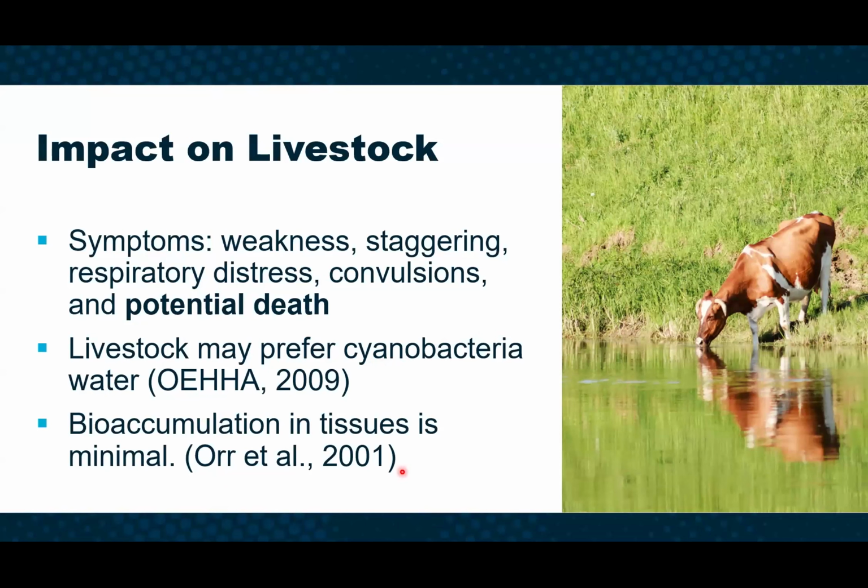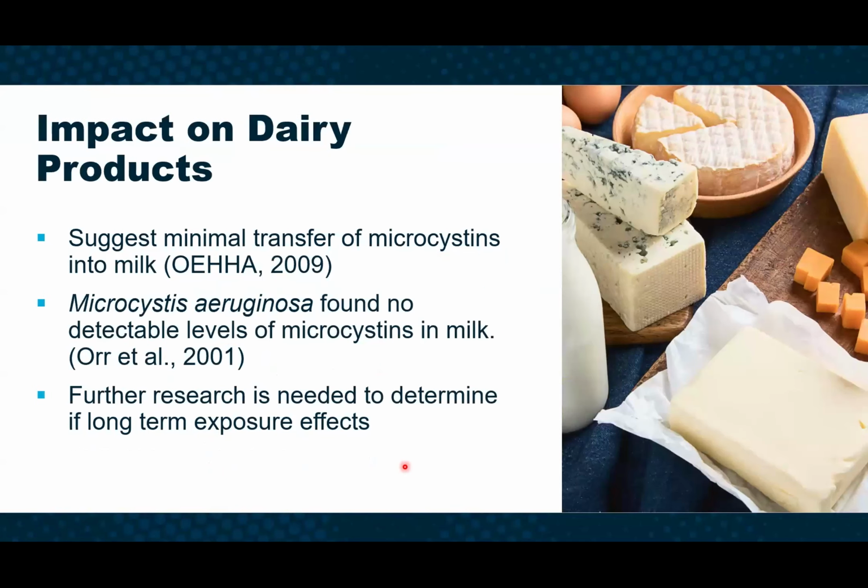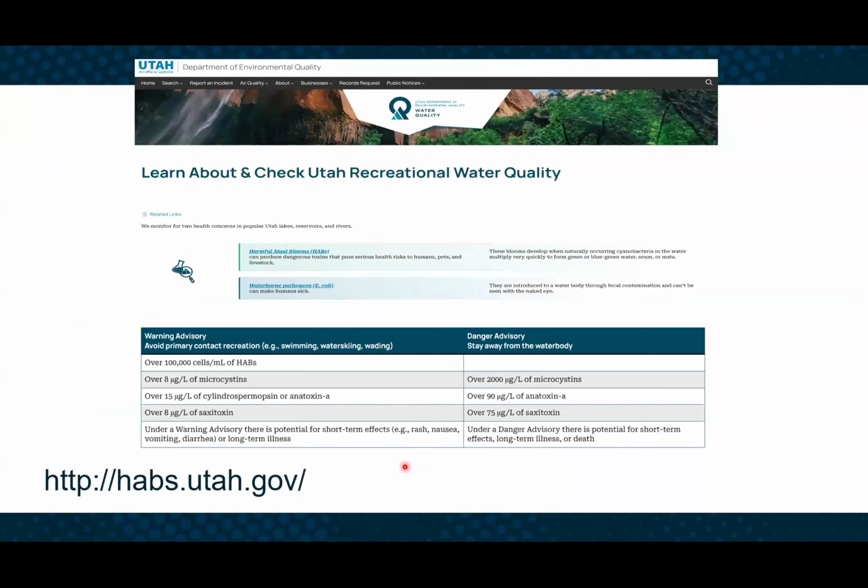And in this case, the bioaccumulation in their tissue is minimal. The impact on dairy products is that it's suggested by the research that there is minimal transfer of these kinds of toxins into the milk. However, there is further research needed on the long-term or chronic exposure.